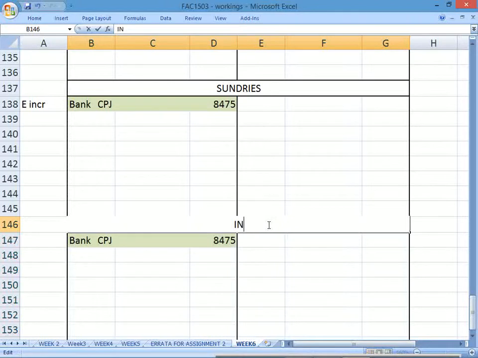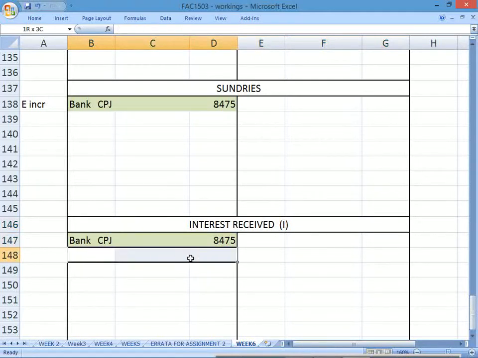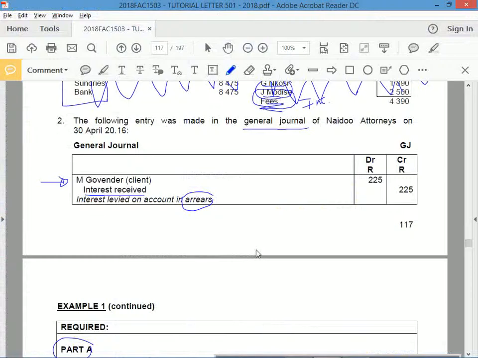Interest received would be what type of account? Correct. Income would be credited, and you can even see it here. If they give you a general journal, that's a clue. Credit the interest, debit the client.